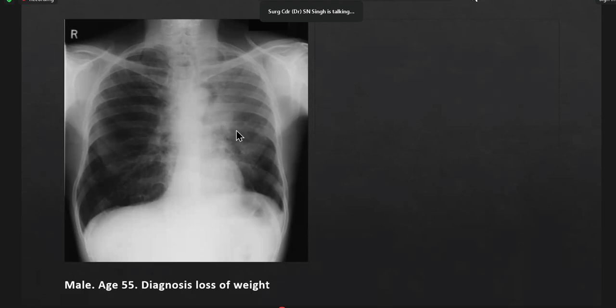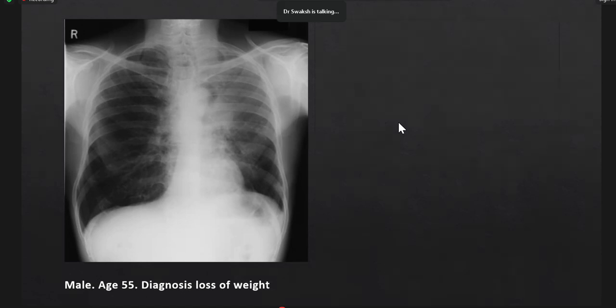So this is the left upper lobe collapse, and the most common history which you will take is smoker. The examiner has to know that you are not just a radiologist, you are a clinical radiologist, and you are thinking on the lines of treatment rather than just giving a diagnosis in this case.